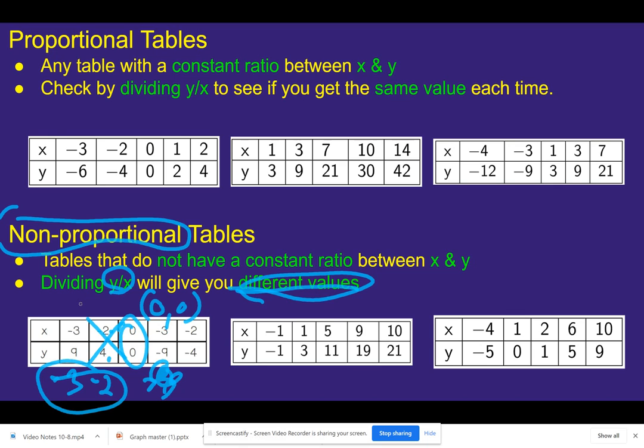You have to check to see whether or not this works out for you when you're dividing the y by the x. Going through here, -1 divided by -1 is 1. 3 divided by 1 is 3. Fail. -5 divided by 4 is -5/4. 0 divided by 1 is 0. Fail. So that doesn't work either.